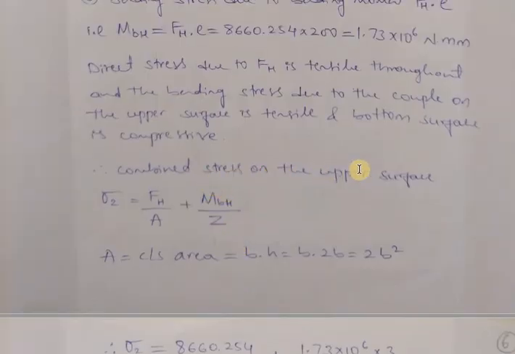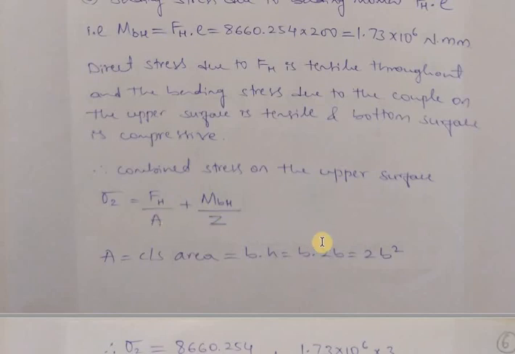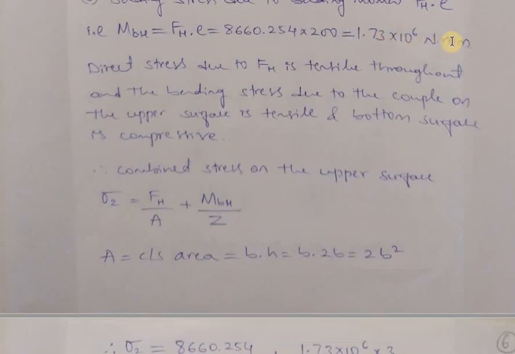So the combined stress on the upper surface is given by sigma 2 is equal to direct stress plus bending stress. Here we know the FH value, and we know the cross sectional area which is already calculated: 2b square, that is d into h is the cross section of the rectangular cross section, where h is 2 times b, so it is written as 2b square. MH we have calculated as 1.73 into 10 raised to 6.